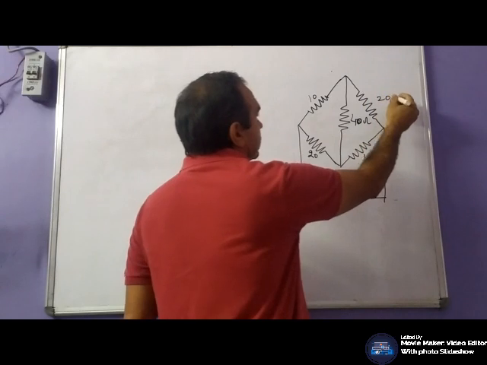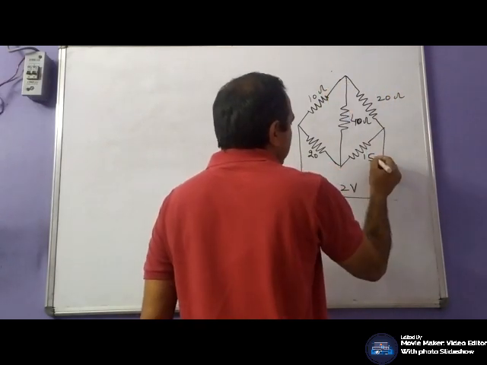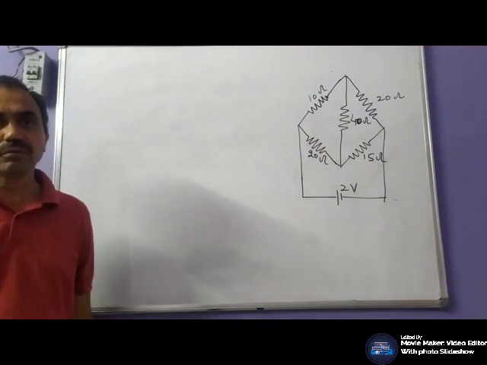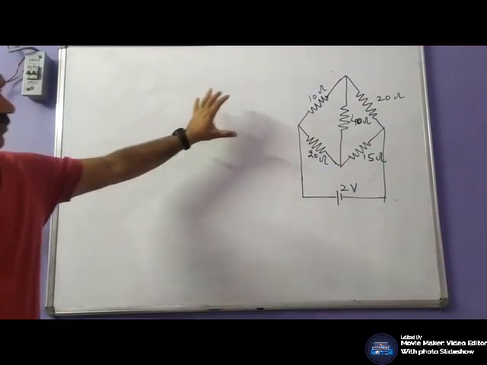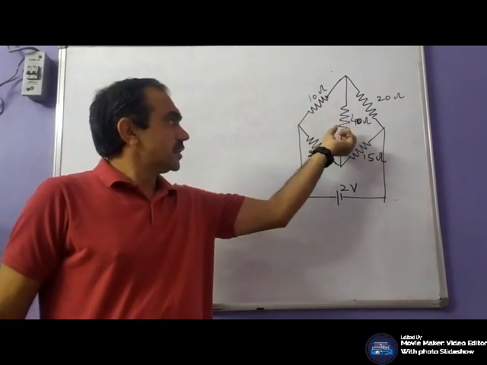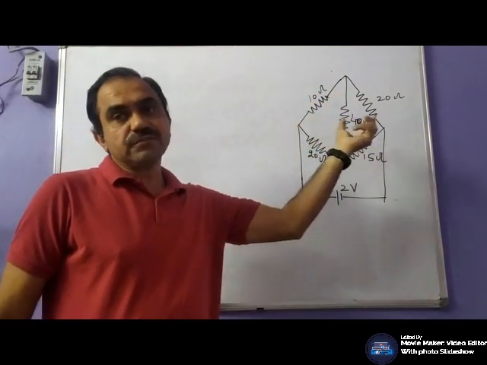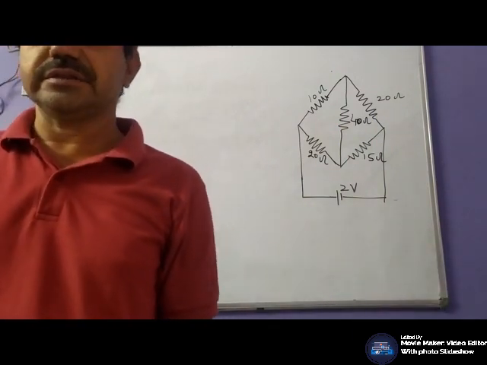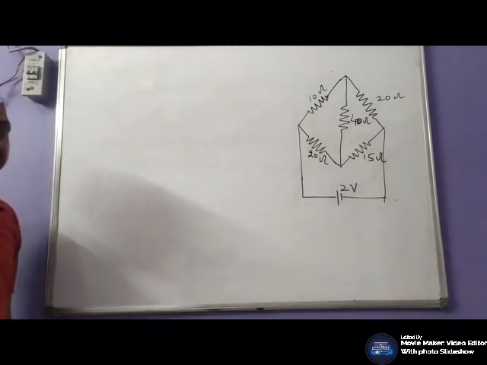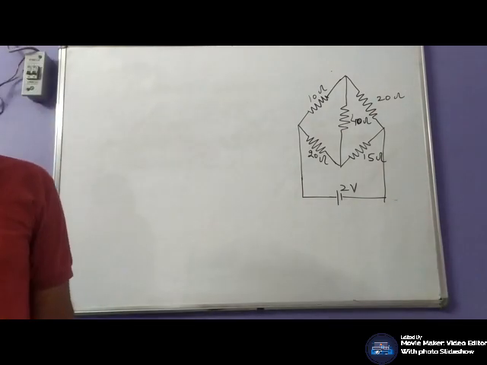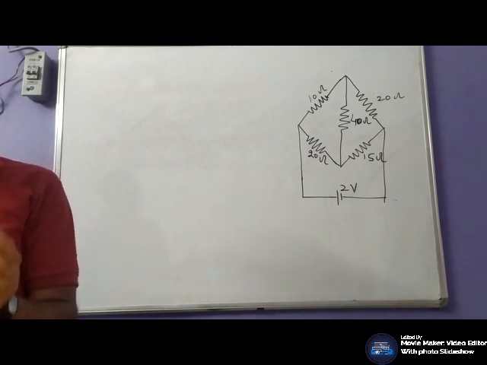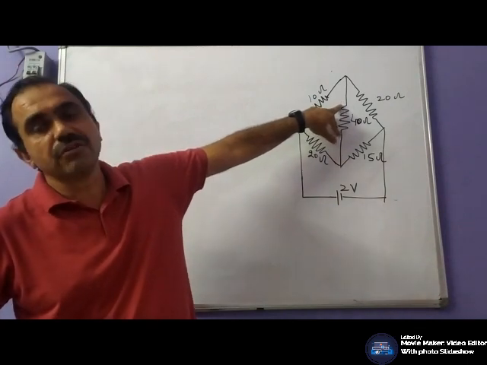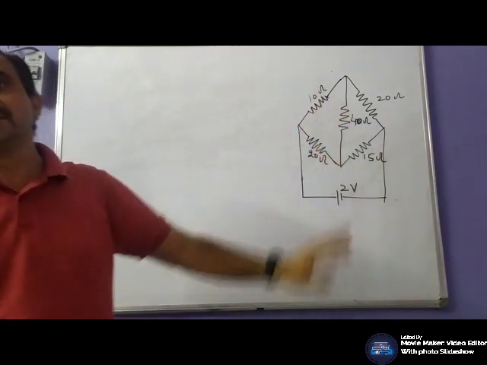This is 40 ohm, 20 ohm, 10 ohm, 15 ohm, 20 ohm. Now we have to find out the current in this 40 ohm branch and the direction of current in this 40 ohm branch using Kirchhoff's voltage law.